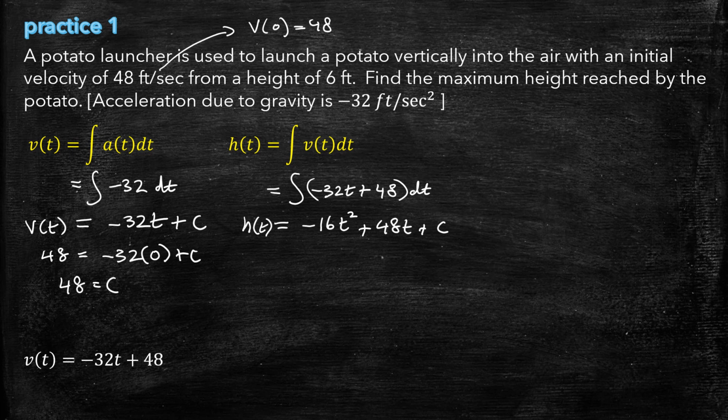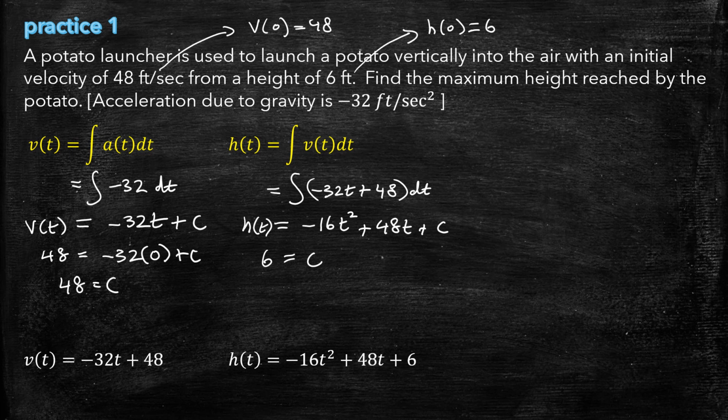And then to find c, again, we have to use some condition that we have, which is that the initial height, so h of 0, equals 6. So we just plug 6 in here and 0 in for t, which makes those terms disappear, and we get c equals 6. So now we have a formula for the height of this potato.